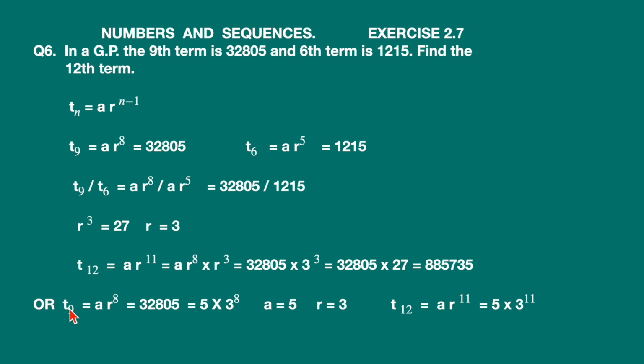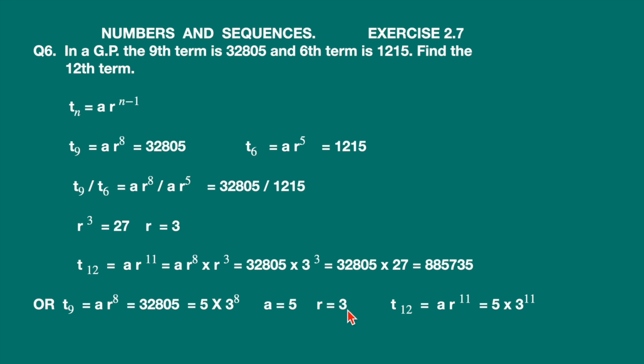So here let's see. T9 is equal to 32,805, a into r raised to 8. This number you should factorize. If you factorize, you will get these factors 5 into 3 raised to 8. Now, when you compare this with this, you can see that a is equal to 5 and r is equal to 3.